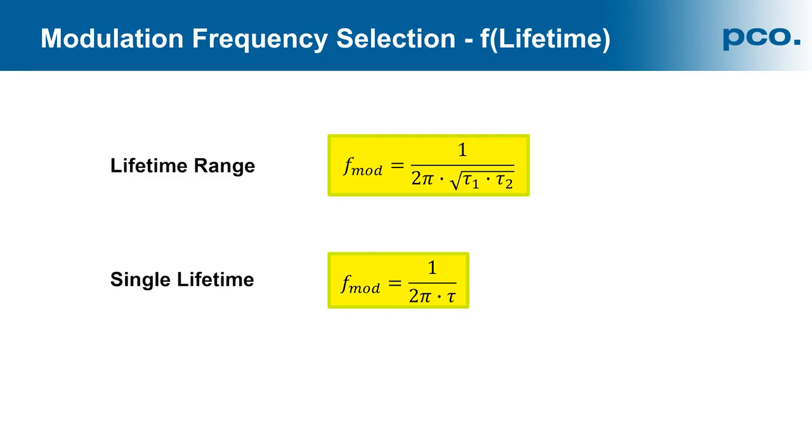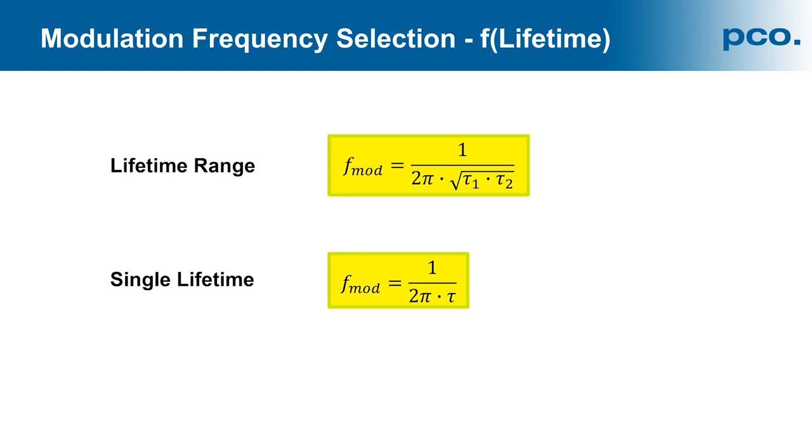For a given lifetime range, the optimal modulation frequency equals 1 divided by 2 times pi and the square root of both lifetimes. And if only, let's say, a first single lifetime is known, then the formula is even more simple. It's just modulation frequency equals 1 over 2 times pi and the lifetime.